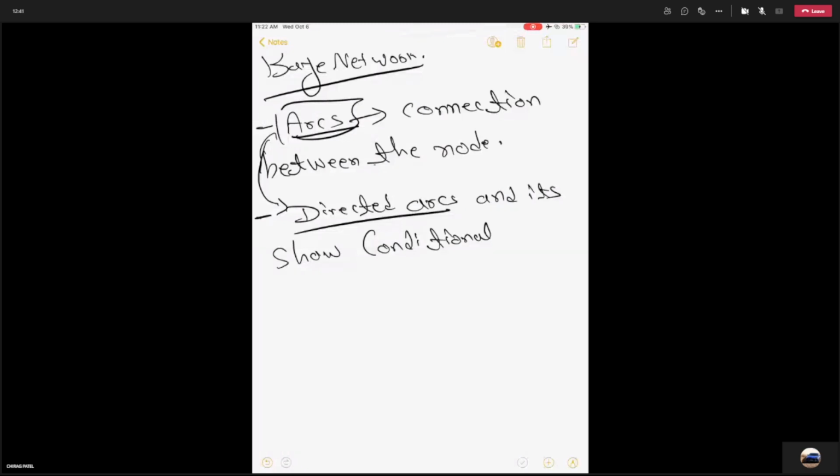conditional dependency. If there is a link from one node to another node, it shows conditional dependency. One more condition is there.